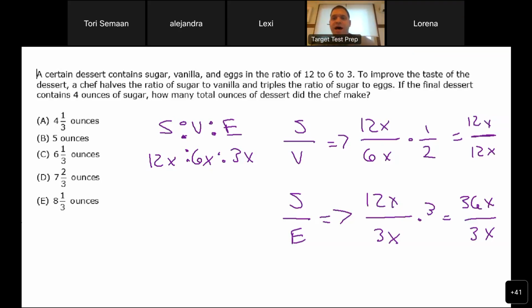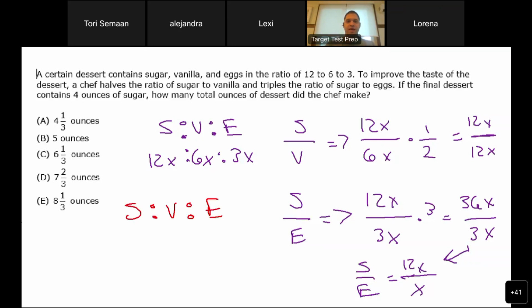Now, the key here is that we have different ratios. So we have sugar as 12x, and then we have sugar as 36x. But the cool thing is you can actually reduce this down where sugar to eggs becomes 12x to x. And now all of a sudden we have our final ratio here with the new values. So sugar to vanilla to eggs, sugar is 12x, vanilla is also 12x, eggs is x.